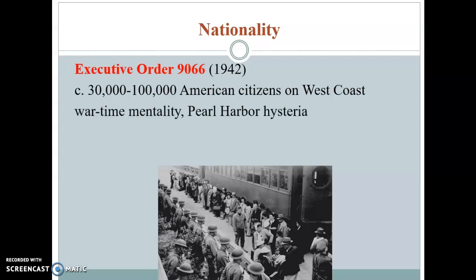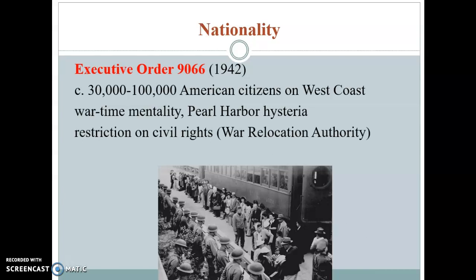This was a wartime mentality, and there was maybe even hysteria as a result of the attack. Many people, even at the time, saw this as a restriction on civil rights.